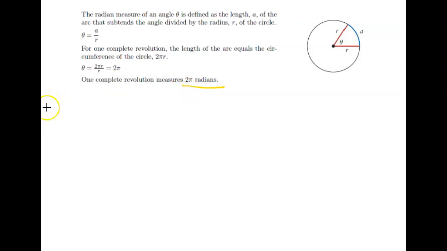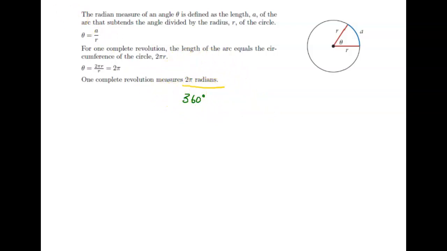Since we're used to seeing degrees, we're now going to be moving into radians. It's important to come up with a way to convert back and forth between degrees and radians. So let's take a look at this. As we've known before, one whole revolution of a circle in degrees is 360 degrees, but now we're going to be looking at it in radians.